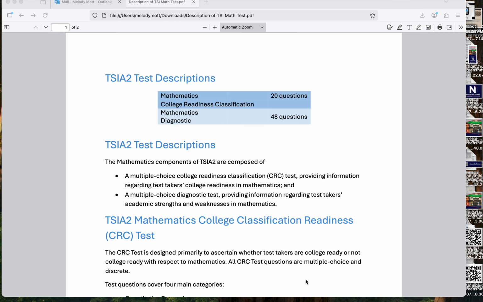Once you pass those 20 questions, if your score is sufficient, it won't ask you to complete the math diagnostic questions. If you proceed to the math diagnostic questions, as long as you're making a developmental score or a diagnostic score of 6, you are still eligible to take NTCC dual credit classes at NTCC.